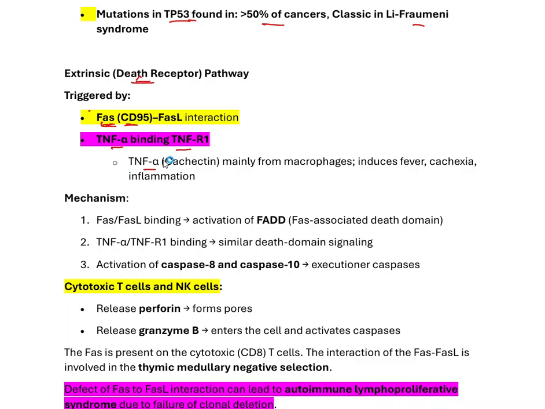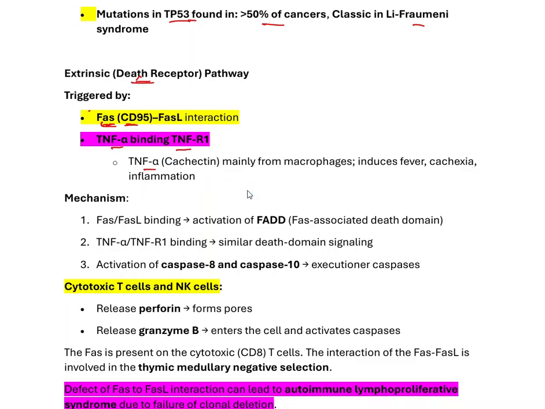Cachectin, right? When you say a patient is cachectic, it means that they're losing so much weight. If somebody has a chronic medical condition, chronic inflammation, they could be producing tons of TNF alpha, and that is going to be binding to their TNF alpha receptor, and that could lead to weight loss.